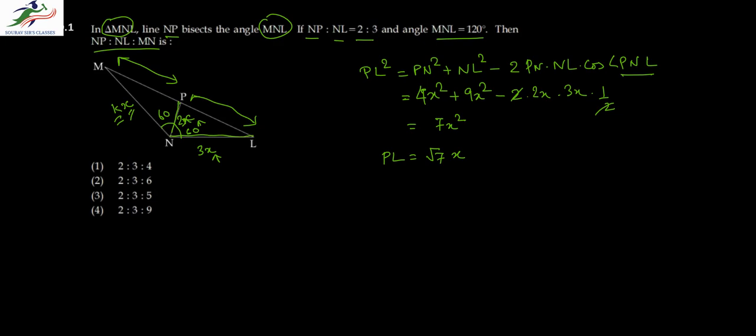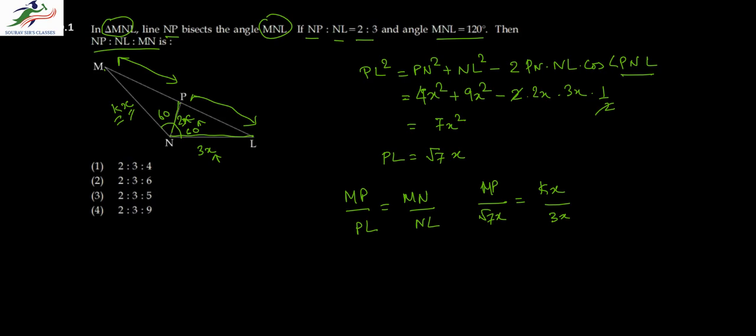That means in this case MP by PL is equal to MN by NL, or in other words, MP over PL, which is root 7x, is equal to MN, which is kx, over NL, which is 3x.